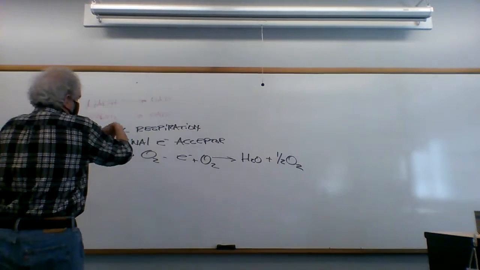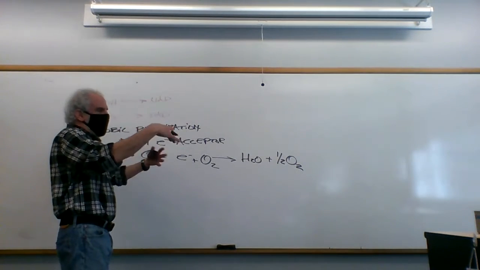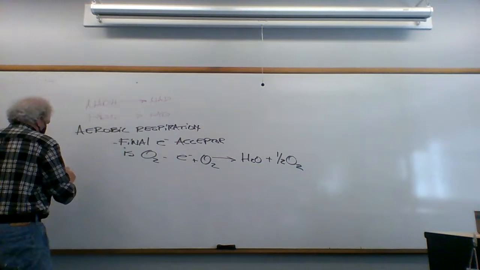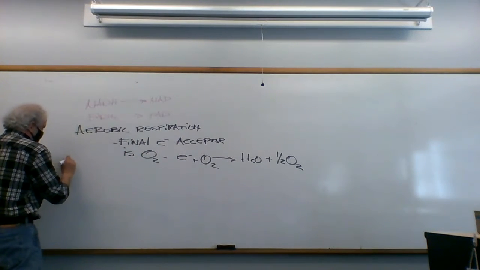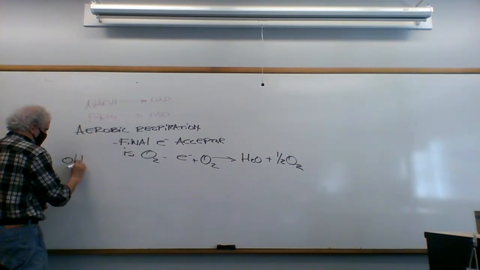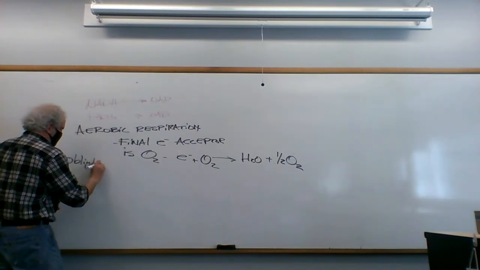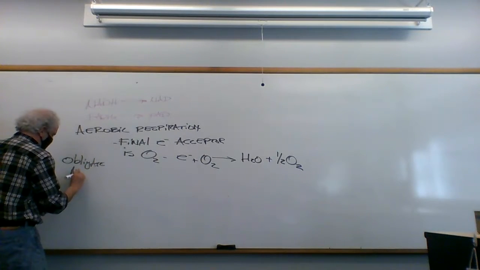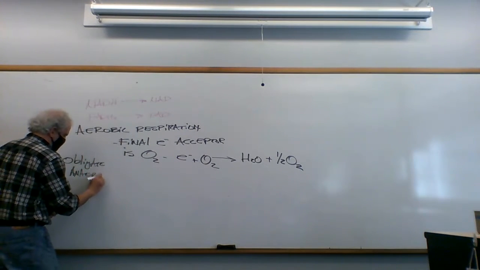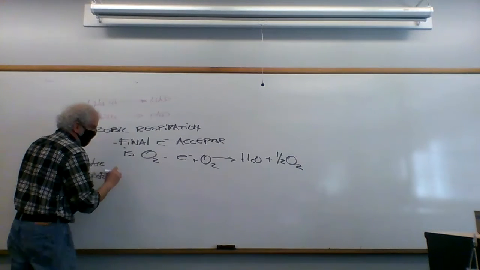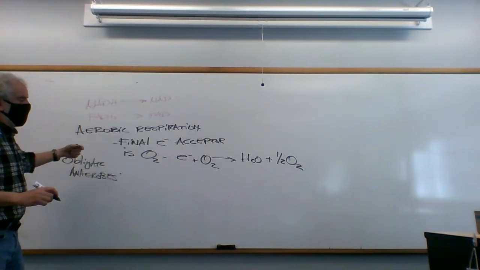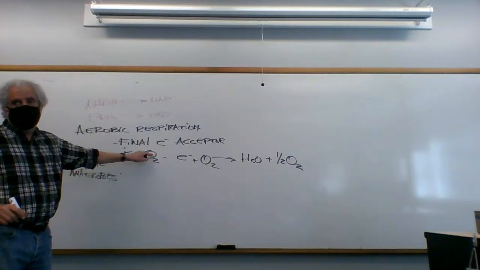If you recall, when we were talking about growth habit, we have a class of bacteria known as obligate anaerobes, in that oxygen is actually poisonous to them. They don't use O2 as the final electron acceptor.